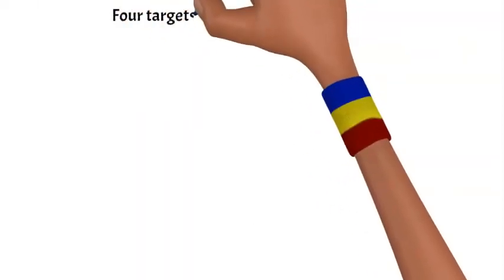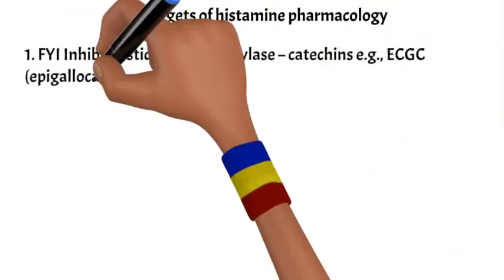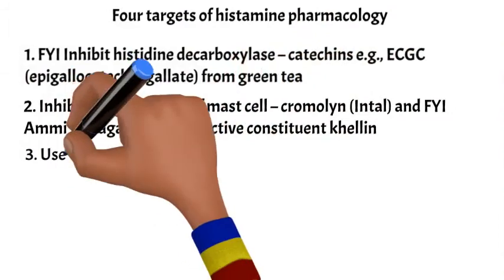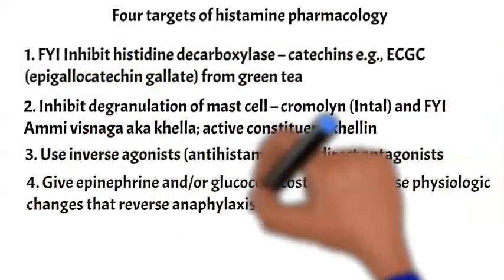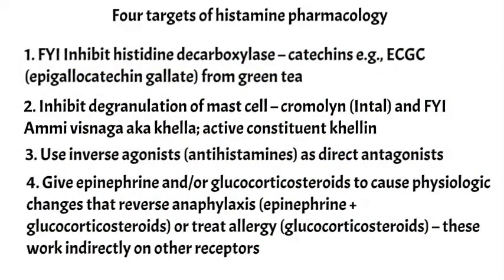There are four primary pharmacologic targets for histamine. First, for your information, we can inhibit formation of histamine by inhibiting the enzyme histidine decarboxylase. Catechins like epigallocatechin gallate from green tea can decrease formation of histamine. We can inhibit degranulation of the mast cell with the prescription drug cromolyn, Intal, and, for your information, the Egyptian herb Ammi visnaga, also known as khella, has an active constituent, khellin, that can similarly prevent release of histamine.